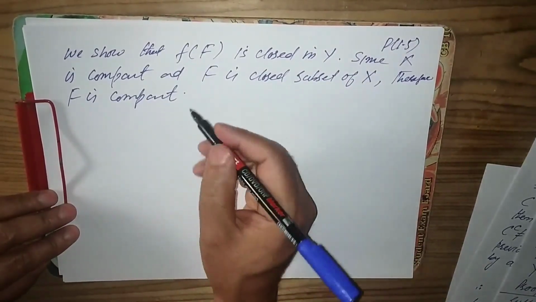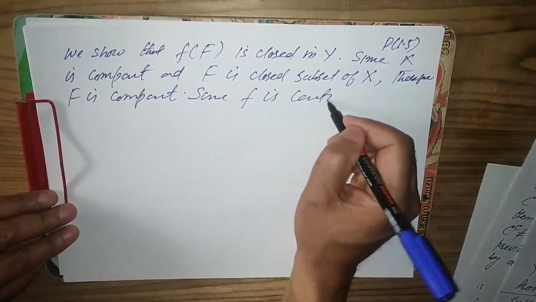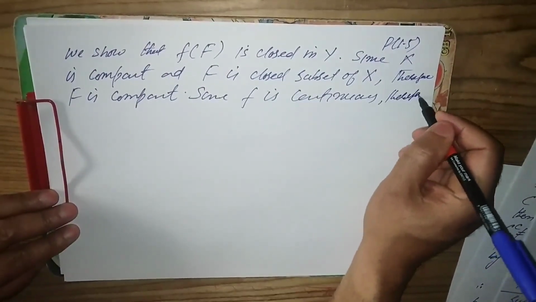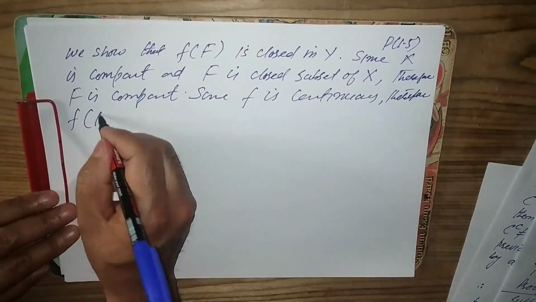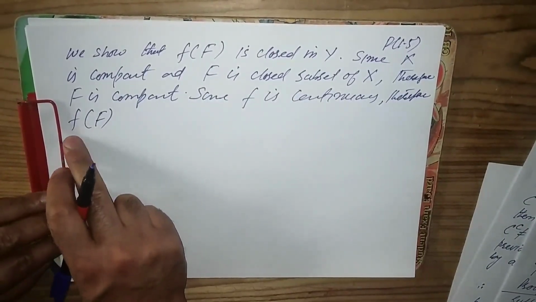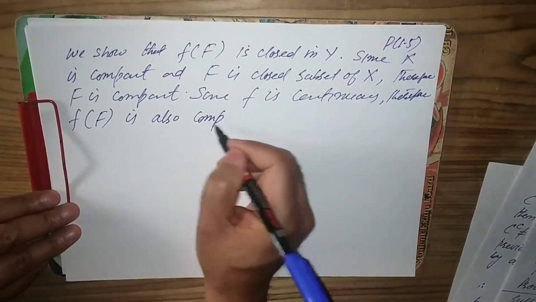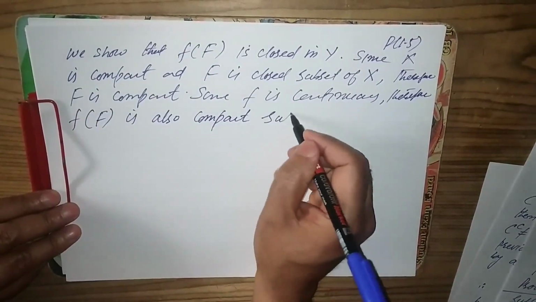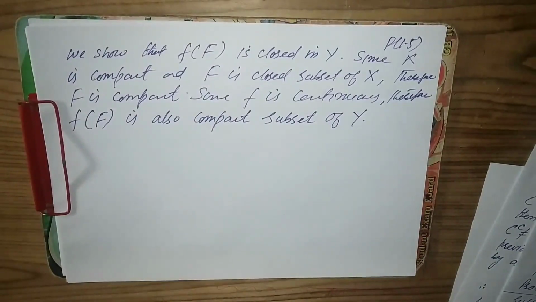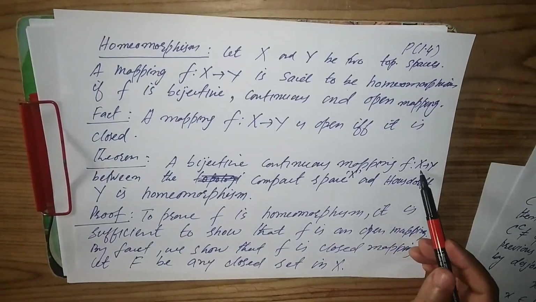Now again, since f is continuous, the image of F under f, the image of a compact set under a continuous mapping f, is also a compact subset of Y. Now here, f is a mapping between a compact space and a Hausdorff space.